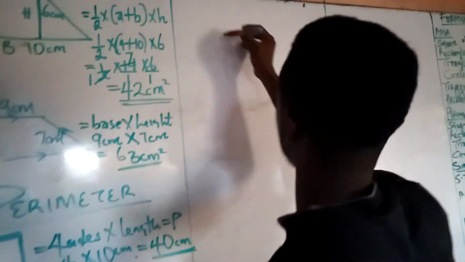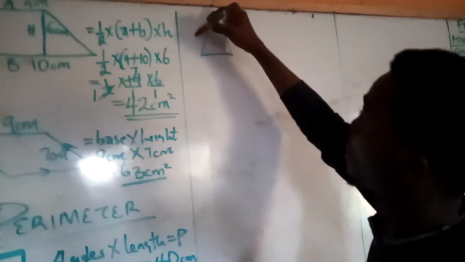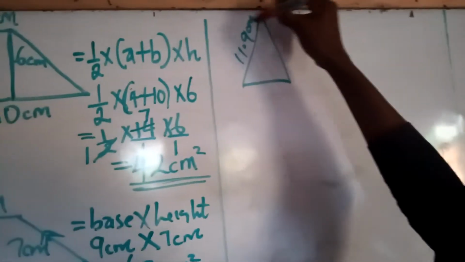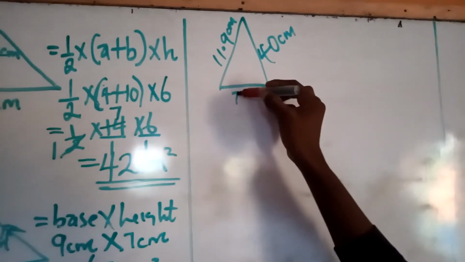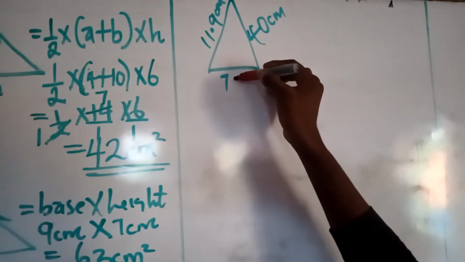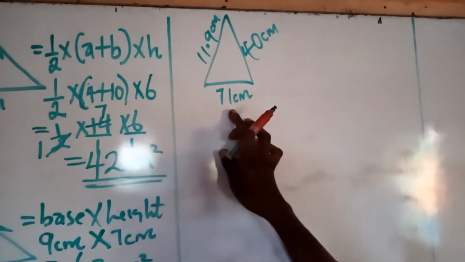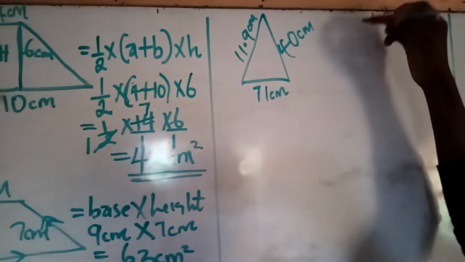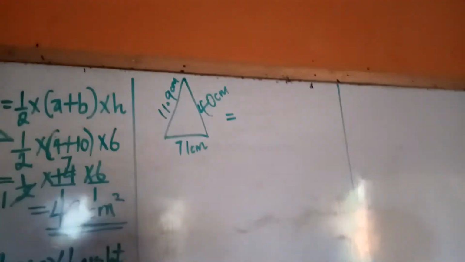Then let's calculate the perimeter of the triangle. Remember I said perimeter is the total distance around the plane shape. So a triangle has 3 sides. If they are measured 71 centimeters, 40 centimeters, and 11.9 centimeters, let's calculate the total distance around the shape.